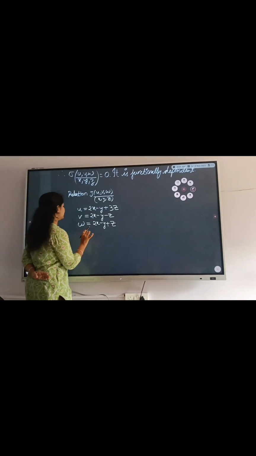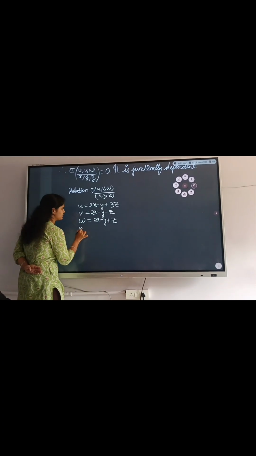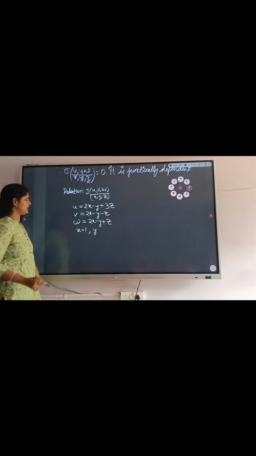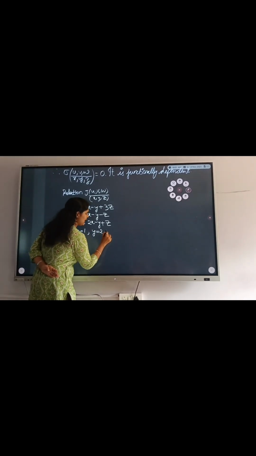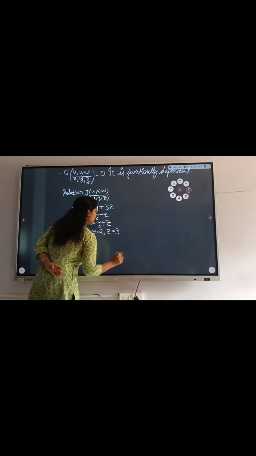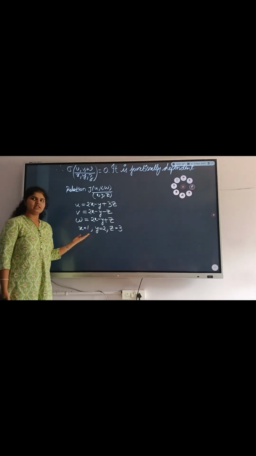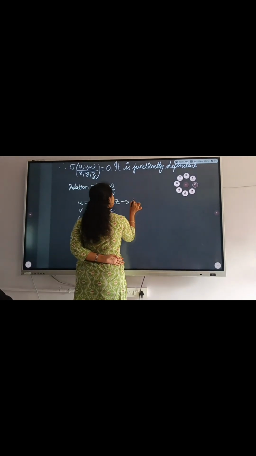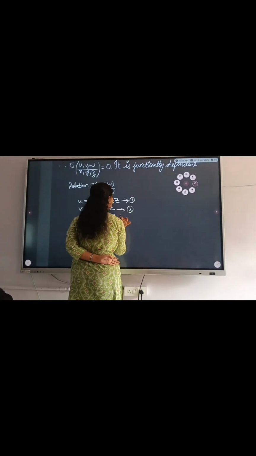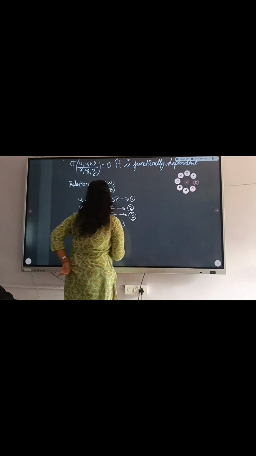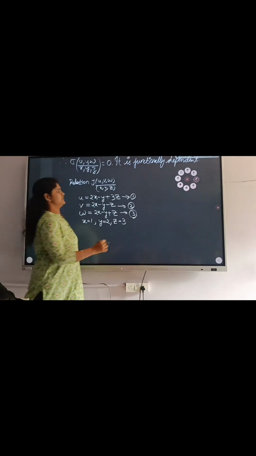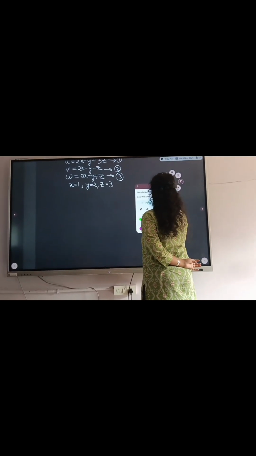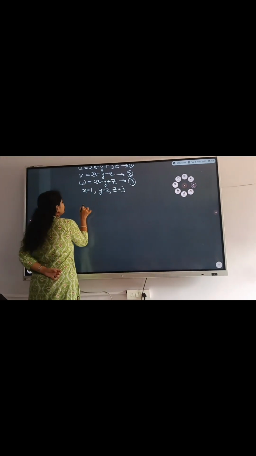Now we assume x equals 1, y equals 2 and z equals 3. I am taking 1 to 3, you can take negative values or whatever you want. Substitute these x, y, z in equations 1, 2 and 3.